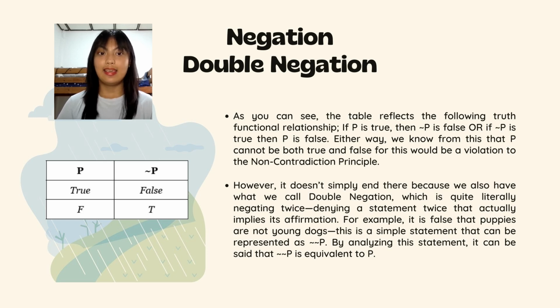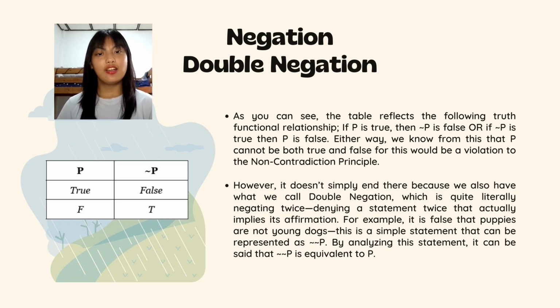However, it doesn't simply end there, because we also have what we call double negation, which is quite literally negating twice, denying a statement twice, which actually implies its affirmation. As an example, it is false that puppies are not young dogs. This is a simple statement that can be represented as not not P. By analyzing the statement, it can be said that not not P is equivalent to P. You might think that if there is a double negation, can there be triple and quadruple?